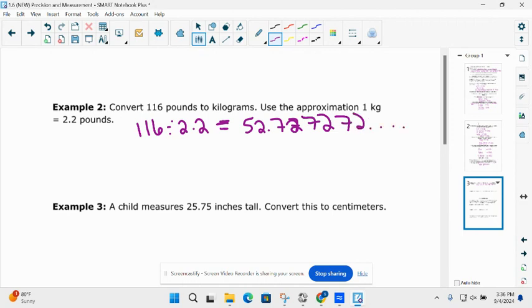Then we look at which of these numbers has more significant digits. This one has 3 significant digits, and this one has 2. Remember, we're going off of the one that is least precise, so you're going to choose 2 significant digits. So round 52.72 to 2 significant digits. You round the 2 up because the next number is a 7. So 53 kilograms.